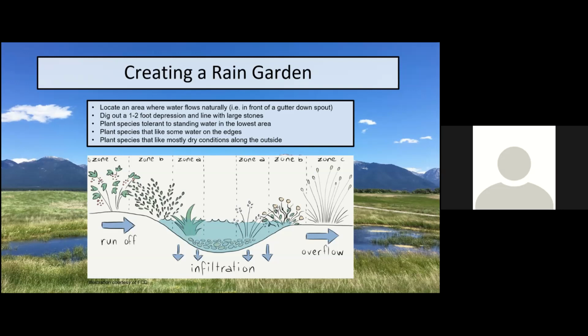And then B, having plants that tolerate some flooding. These would be things like wild chives, red columbine, or horsemint. And then zone C, which is the drier zone, having a little water. And this would be things like twin flower, plains coreopsis, and paper birch.